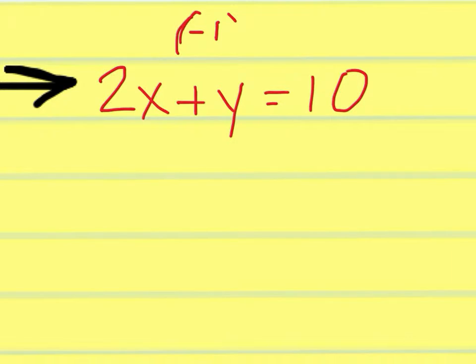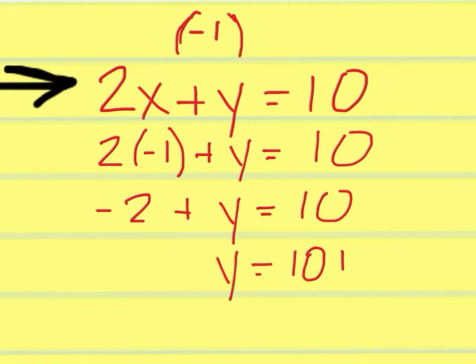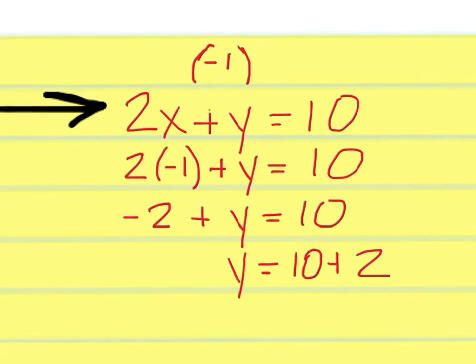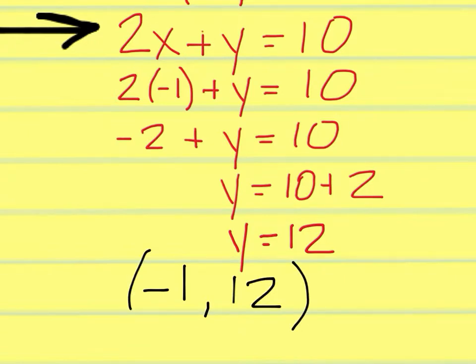We'll plug in the negative 1 for x, so it would be 2 times negative 1 plus y equals 10. That's a negative 2 plus y equals 10. So 10 plus 2 is going to give me a value of 12. That means I put in a negative 1 and got back a 12. So I have negative 1, 12.